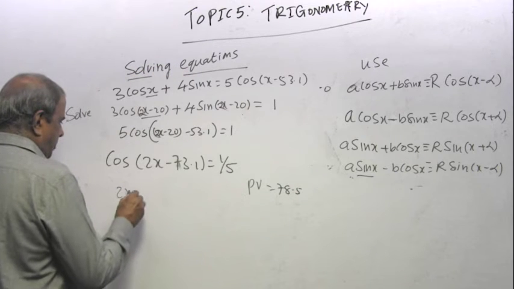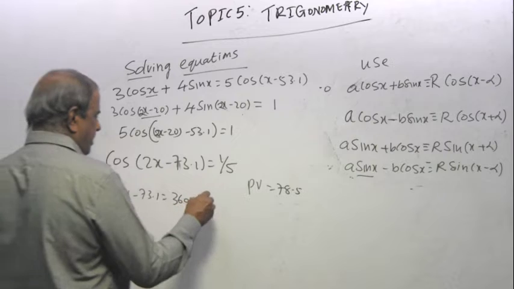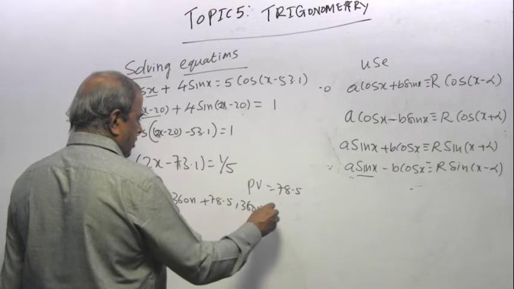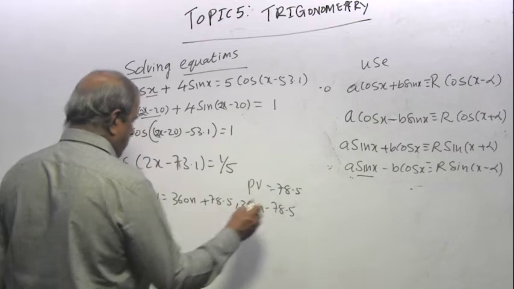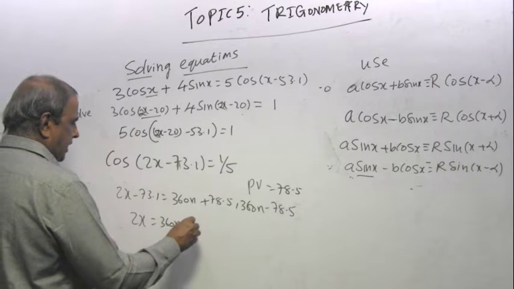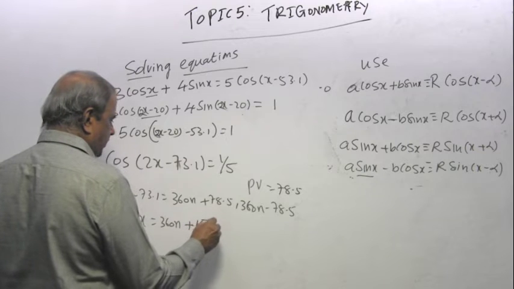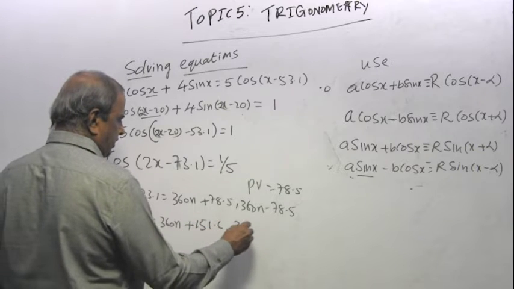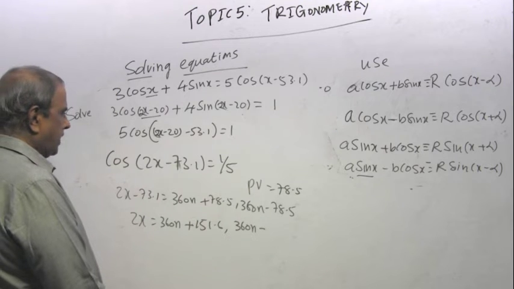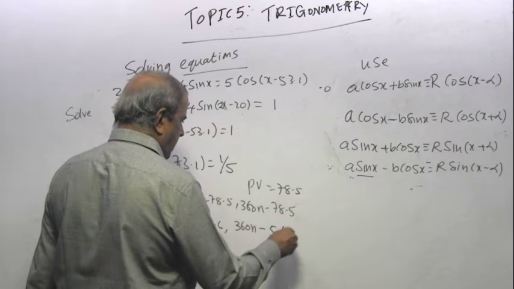So 2x minus 73.1 is 360n plus 78.5, 360n minus 78.5. So 2x equals 360n plus 78 is 151.6, or 360n minus 78 plus 73.5, 5.5 minus 0.1 is 5.4.